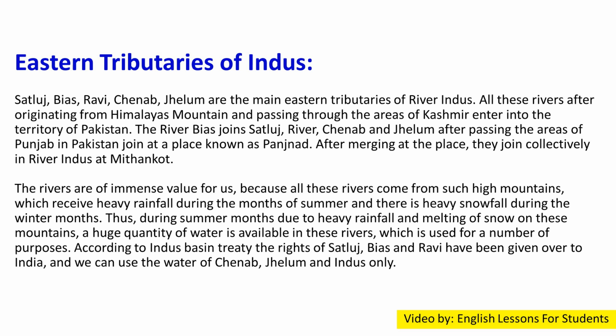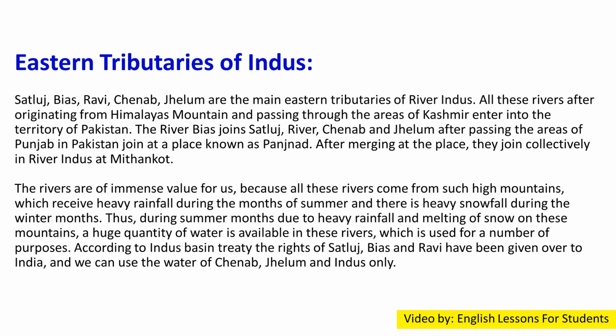The river Beas joins Satluj. River Chenab and Jhelum, after passing the areas of Punjab in Pakistan, join at a place known as Panjnad. After merging at the place, they join collectively in the river Indus at Mithankot.